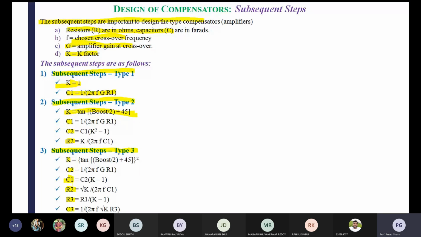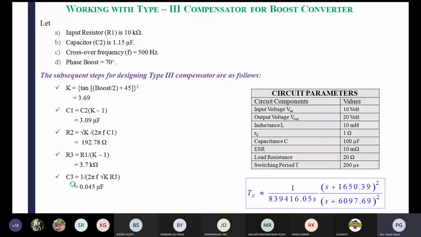Here I have considered one example, working with a type 3 compensator for a boost converter. The input resistance R1 equals 10k, C2 equals 1.15 microfarad, crossover frequency 500 hertz, and phase boost equal to 70 degrees. The subsequent steps of designing the type 3 compensator are as follows.